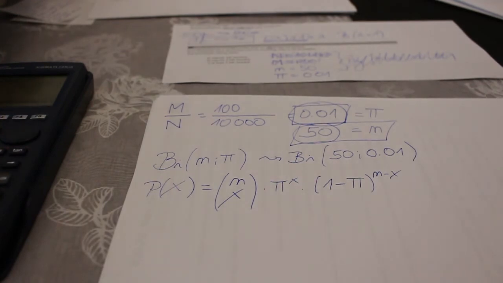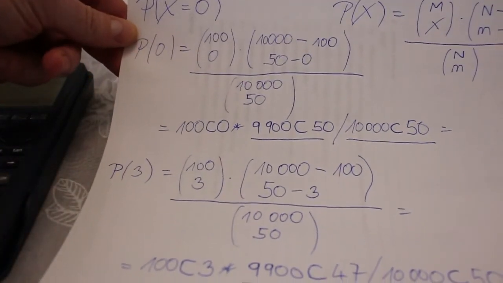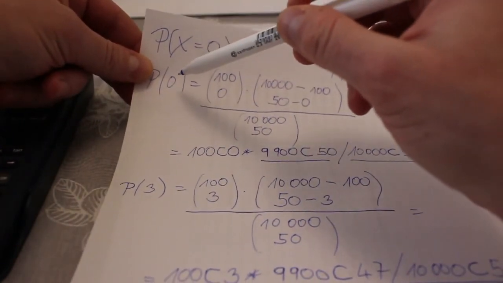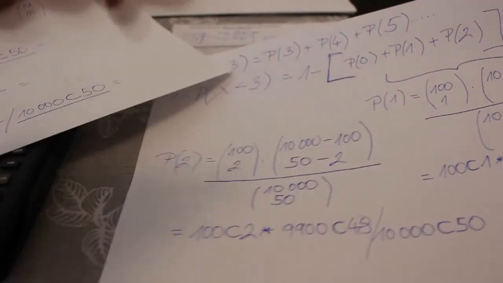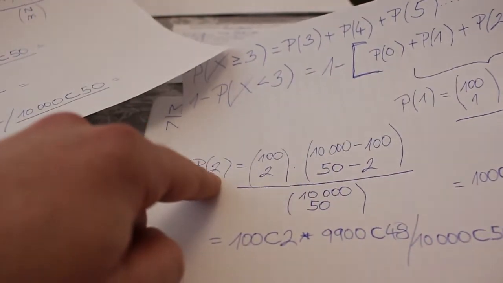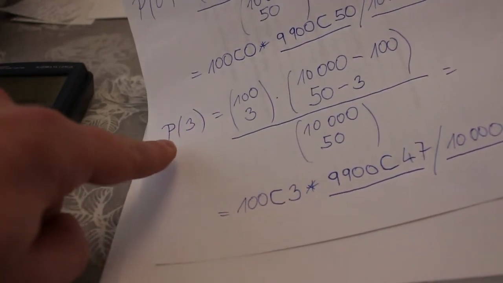And here you can see that we try to calculate probability that I will find nobody left-handed, yes. I need to calculate probability that I will find 1 left-handed person, 2 left-handed persons, yes, and 3 left-handed persons.